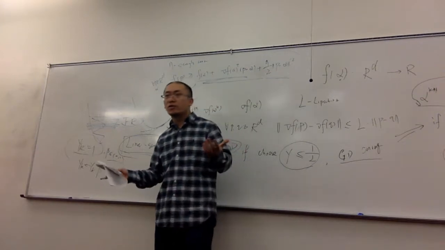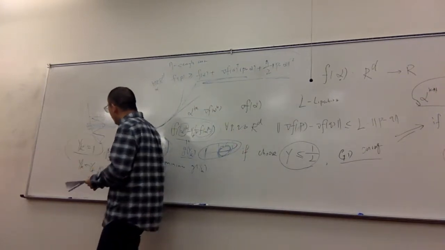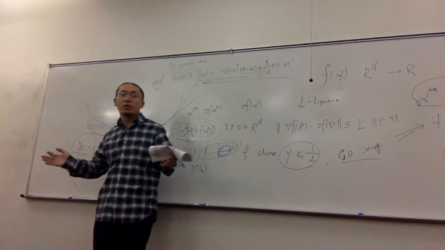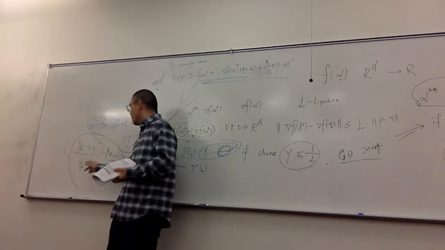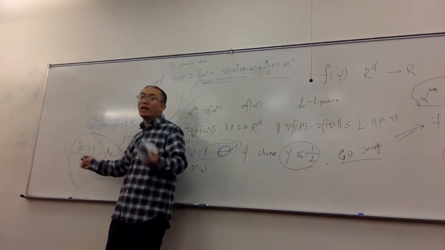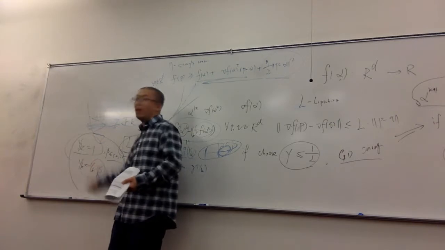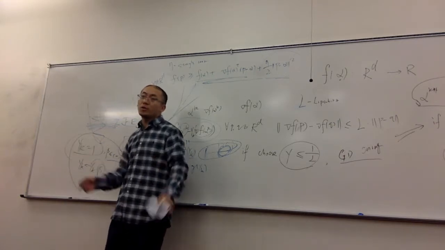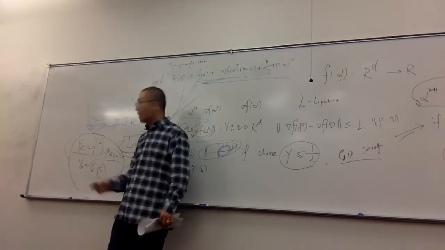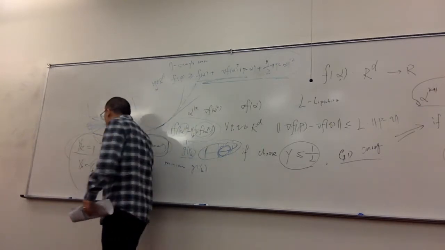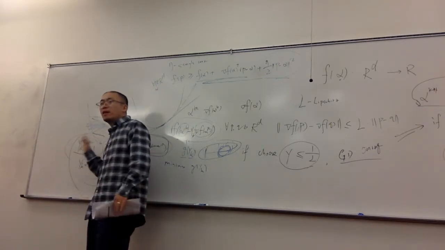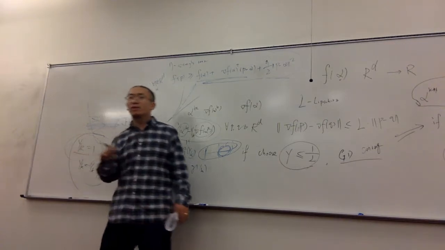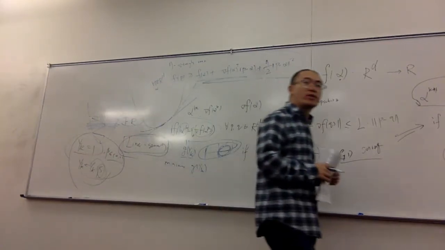Then we finish. The backtracking line search method is the easiest to implement because every time you just multiply the current gamma k by the damping factor. You just need to choose the damping factor. And there is a rigorous proof that by using this backtracking method, you will end up with convergence.